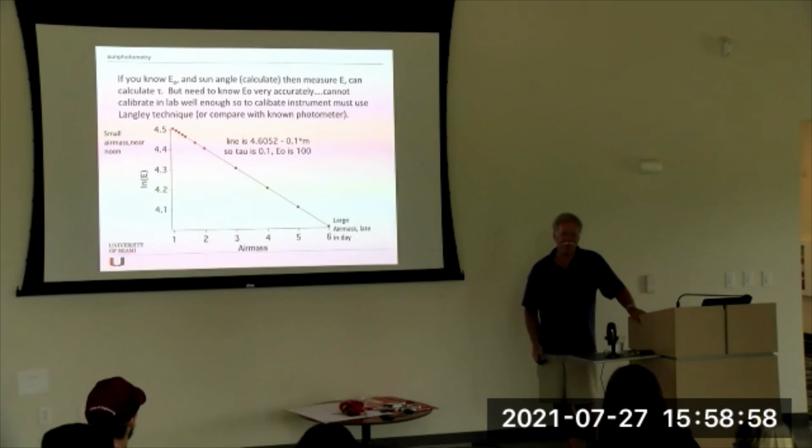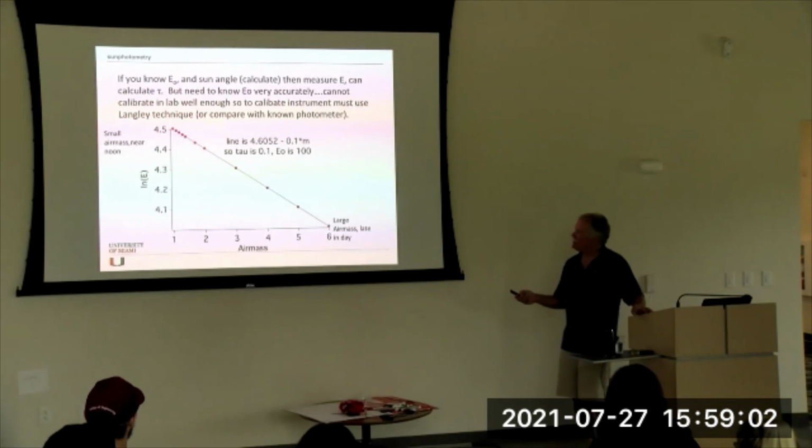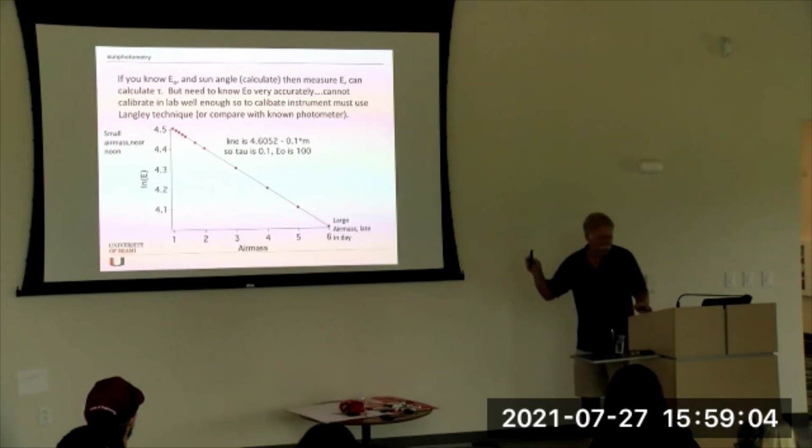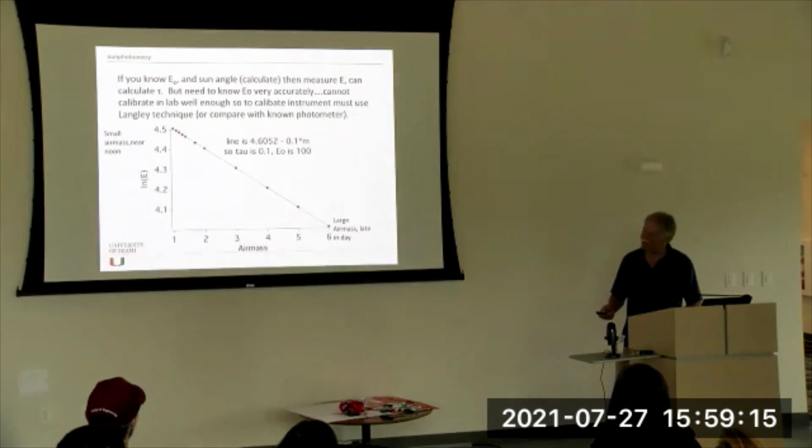You can look at data from all over the world, real time, or pretty close to real time, at least level 1. And if you look at this curve by itself, the slope of the line is giving you basically the aerosol or the total optical depth. Okay, any other questions?